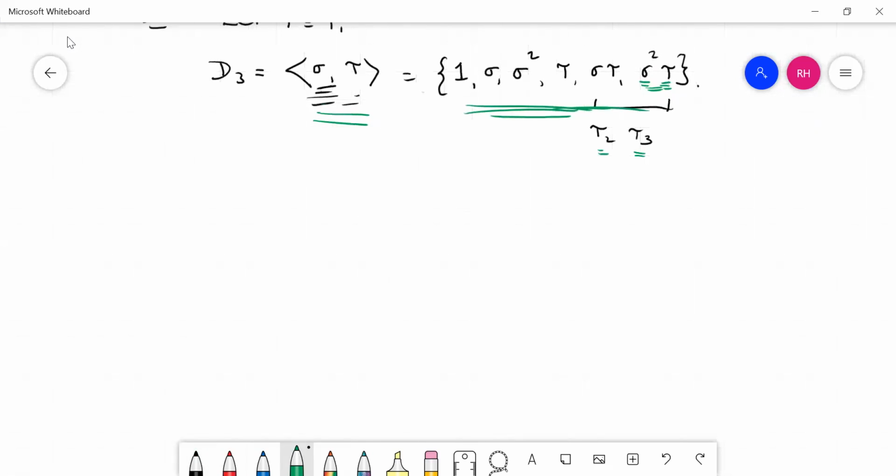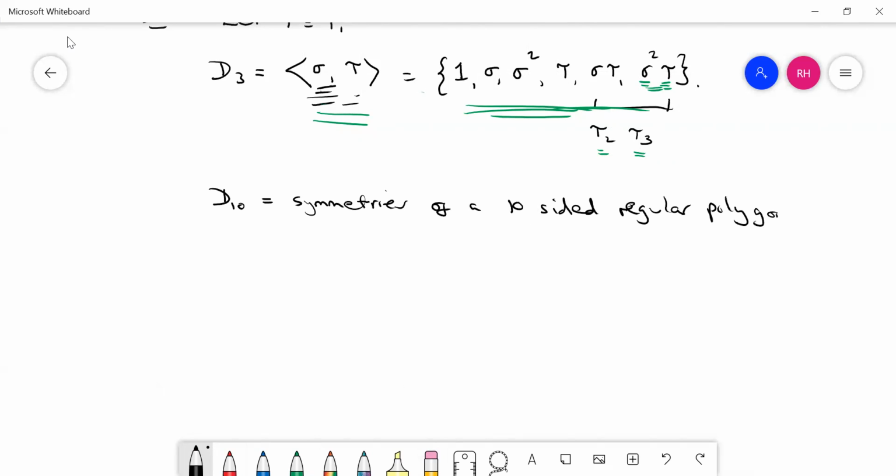Okay, now we can go to some of the questions that Benny asked. D10 he asked about. Well, that's the symmetries of a 10-sided regular polygon.